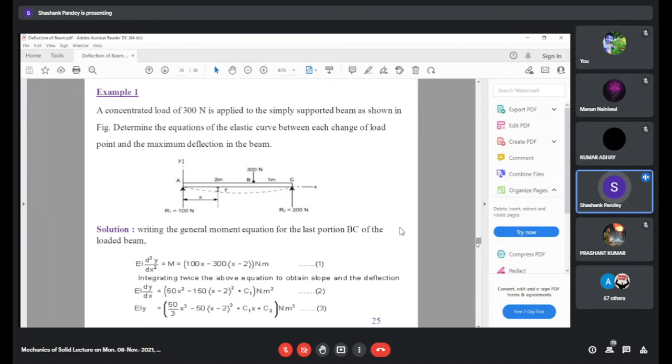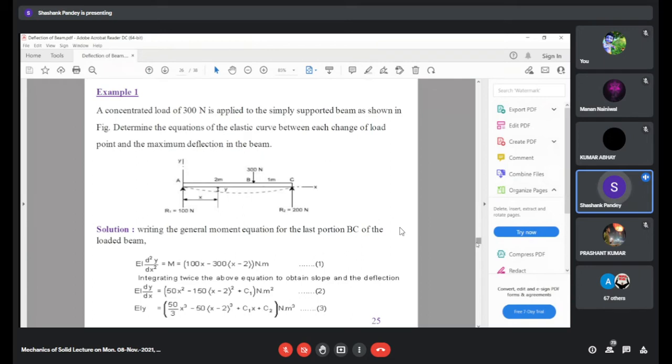This will be equal to 100 into x minus 300 into x minus 2. But we will use this equation very carefully because it is written for the entire length, but it is not valid for the portion between A and B. For the portion lying between A and B, we will neglect the term inside the bracket, that is x minus 2.